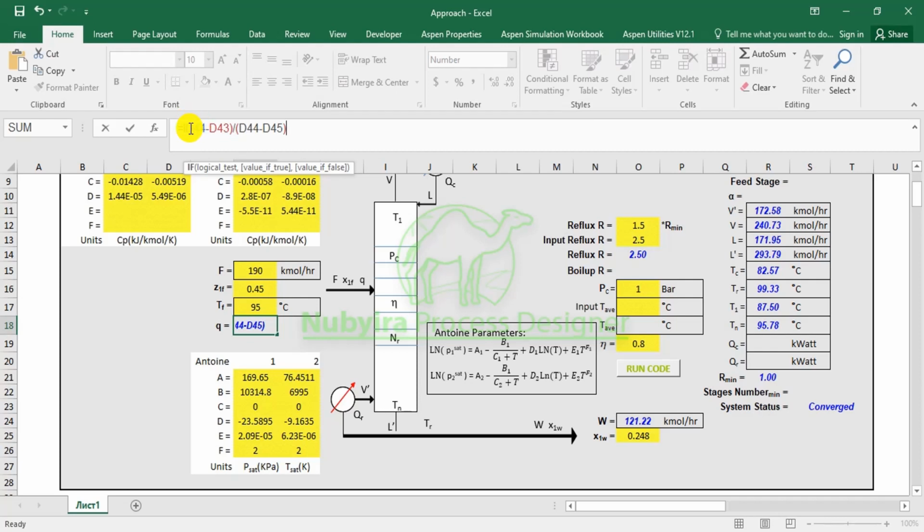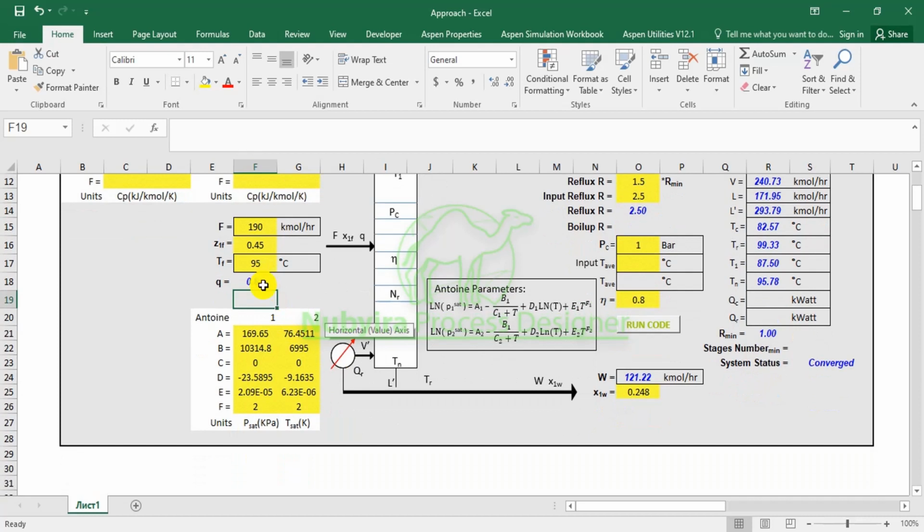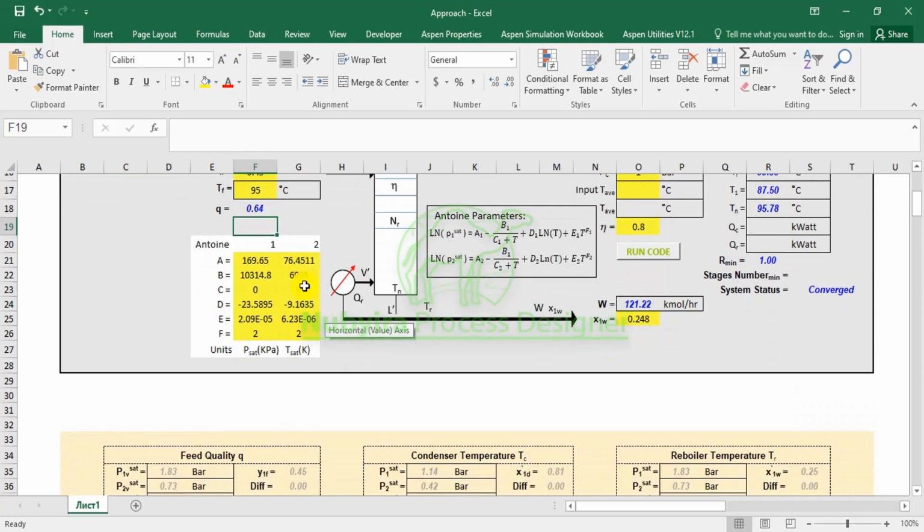So because the quality can be greater than 1 if the temperature of the feed is lower than the bubbling point temperature of the feed, and the quality will be less than 0 if the temperature is greater than the dew point temperature of the feed.